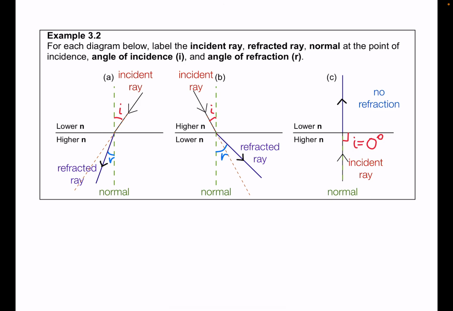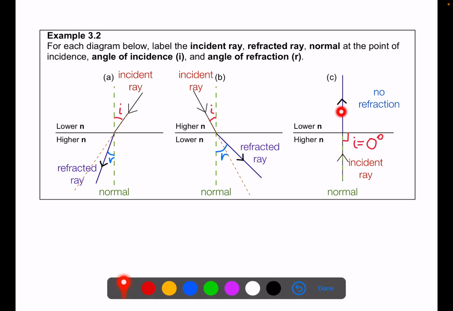In case C, which is special, the light ray goes straight through. The angle of incidence is 0 degrees because the incident ray is along the normal, and there is no refracted ray at all.